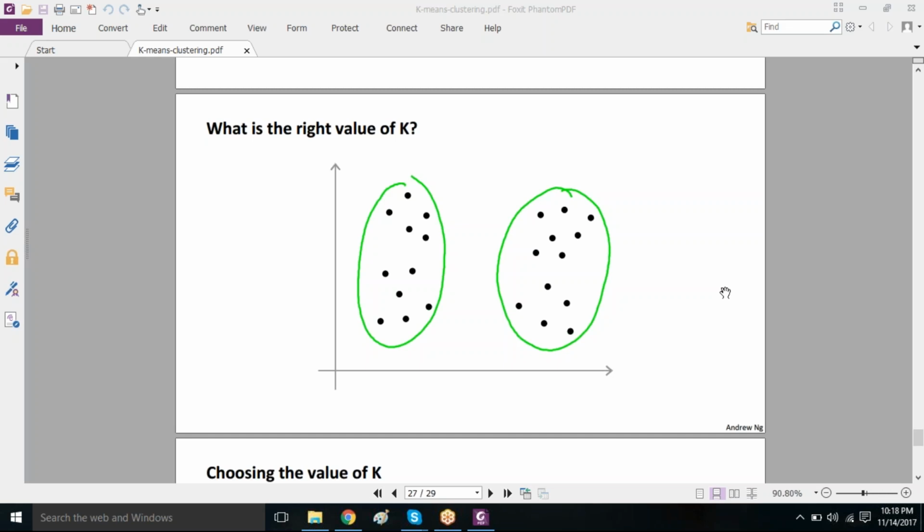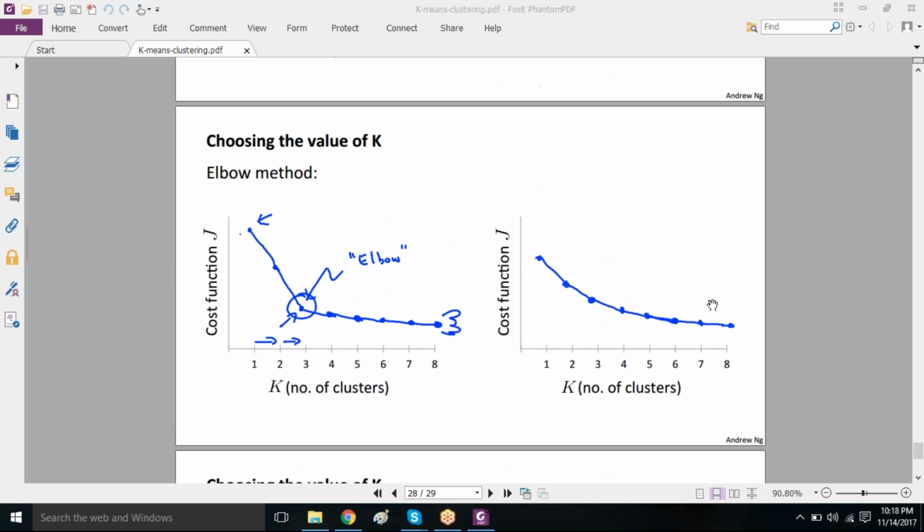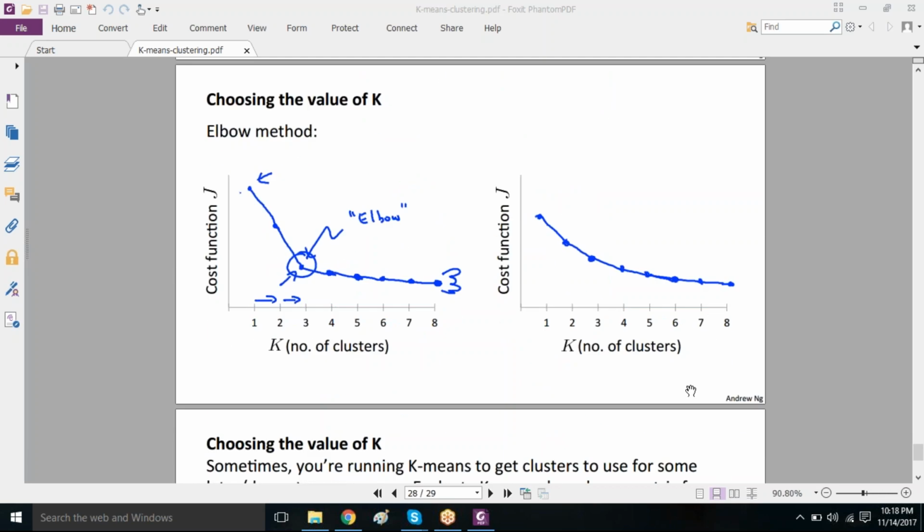Mostly wherever I have applied k-means, I knew that there could be 3 clusters or 4 clusters. The whole data set will be clustered in that number of k, whatever you give. But what is your deciding factor?